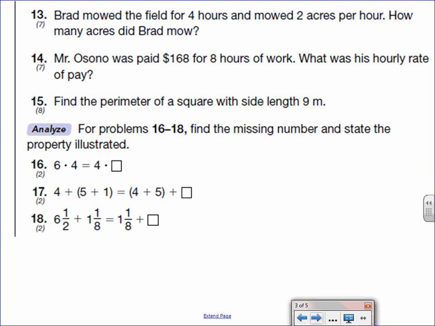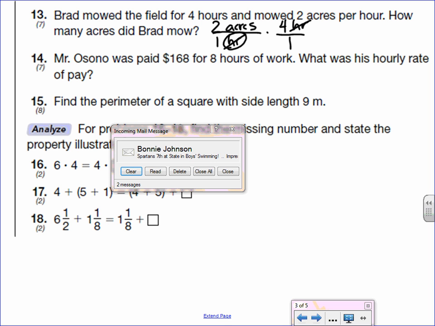Brad mowed the field for 4 hours and mowed 2 acres per hour. How many acres did Brad mow? Well, if I mowed 2 acres per 1 hour, remember per means divided or fraction bar, then to cancel these out and be just left with acres, the hours need to go on top of my next fraction.